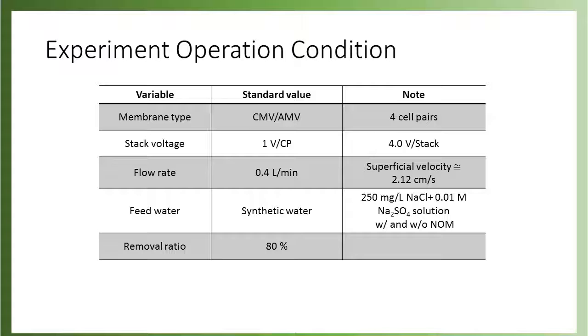And the step voltage, I applied 1 volt per cell pair, but I used 4 cell pairs. I actually supplied a total of 4 volts at this step. So flow rate, I just chose 0.4 liter per minute, which is a superficial velocity of about 2.12 centimeter per second. And feed water is a synthetic water, and I targeted the removal ratio of the salt about 80%.